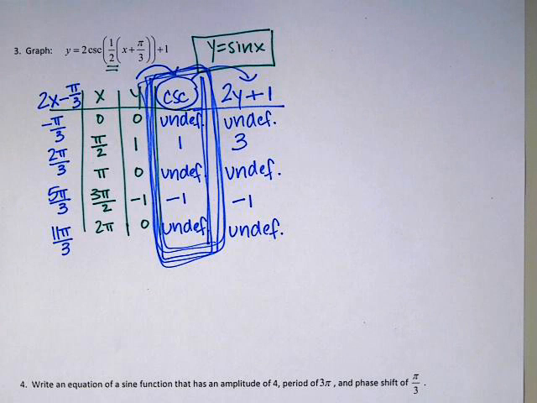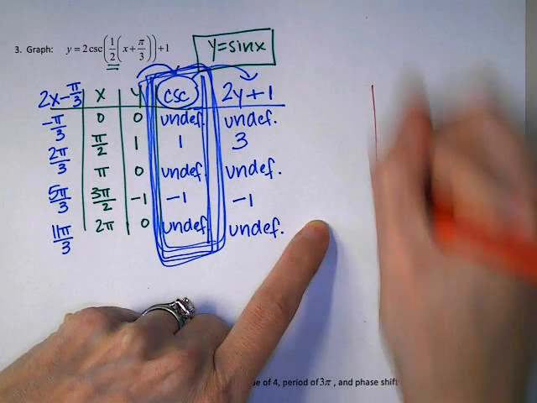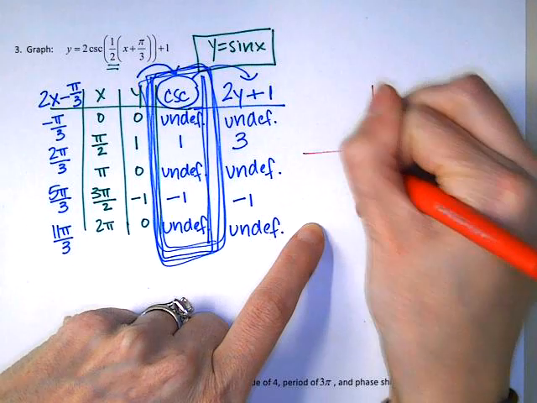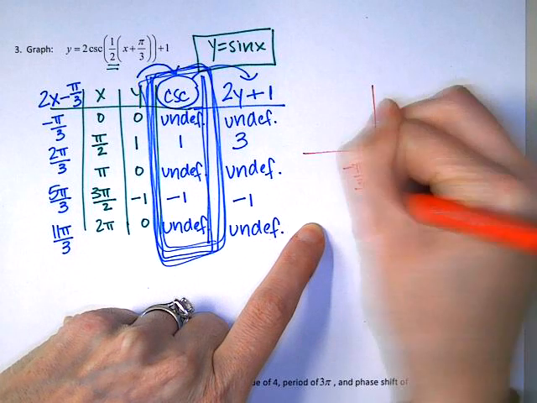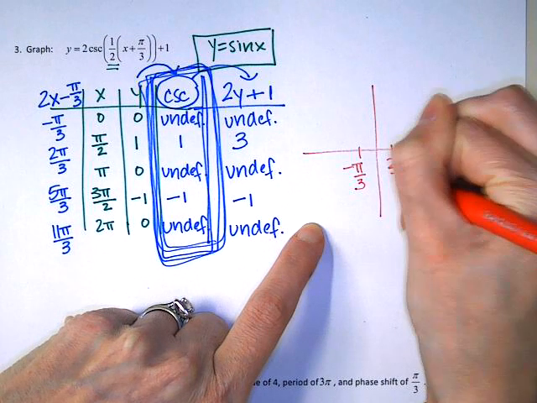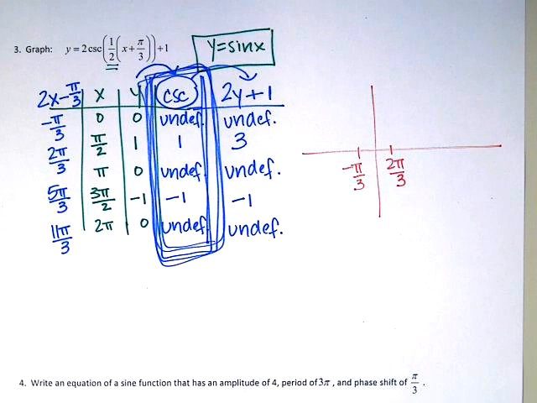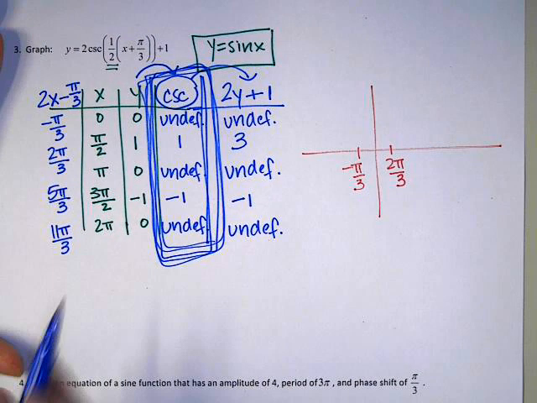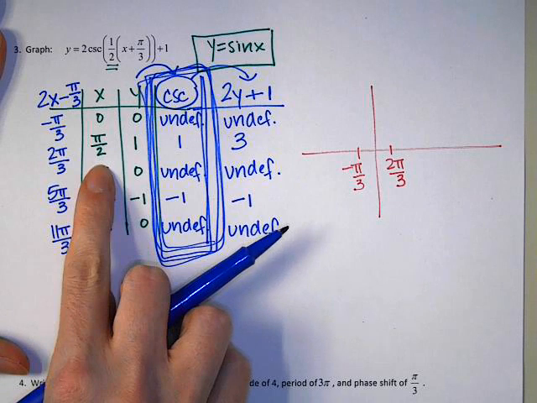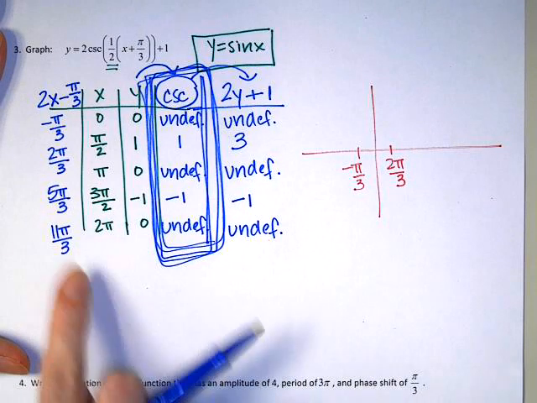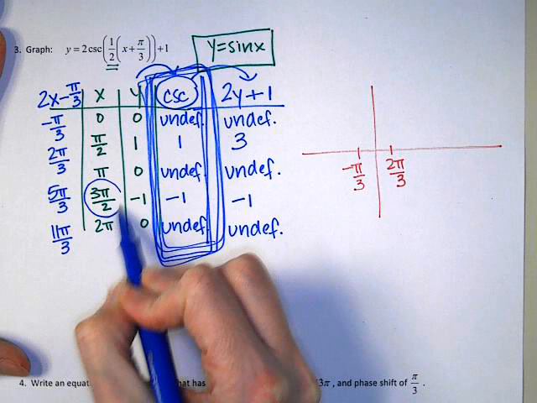Whew, okay, let's sketch a graph. So the x's go from negative pi over 3, then to 2 pi over 3. Oh gosh, am I missing one? Which one am I missing? This one. I skipped this one.